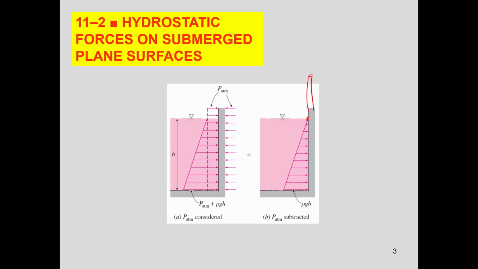So this is 0, and you have a triangular distribution, a line, P equals ρgh with intercept equals 0. If you look at the form of this equation, mx plus b, this is the slope, this is your x, and then 0 intercept.